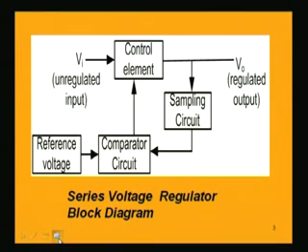So the series voltage regulator circuit block diagram we are showing here, where we are giving the input voltage Vi. There is a control element and the output from the control element is the regulated voltage. Now there is a circuit which feeds back this regulated output, that is, we are feeding the output voltage through a sampling circuit to a comparator.